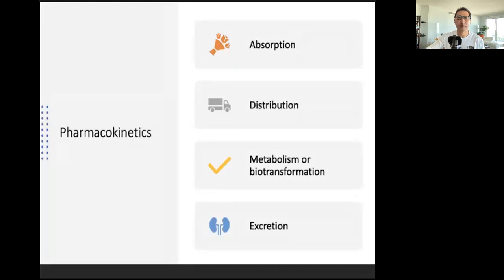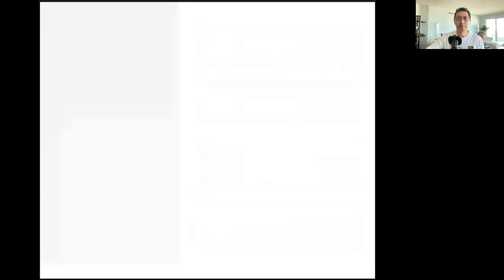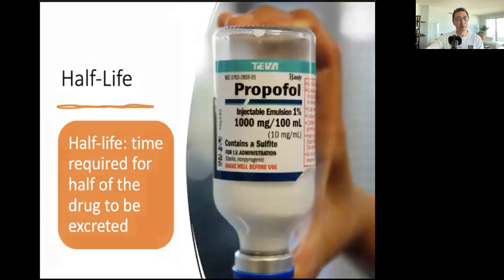Next thing you need to know, especially when we get to the critical care level. Half-life. Time required for half of the drug to be excreted from the body. You have this thing up here, a sedative. We like the sedative because I can put my patient to sleep.